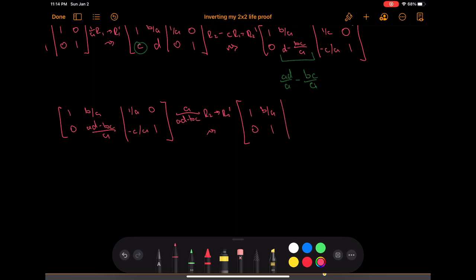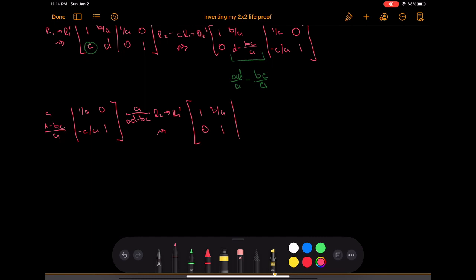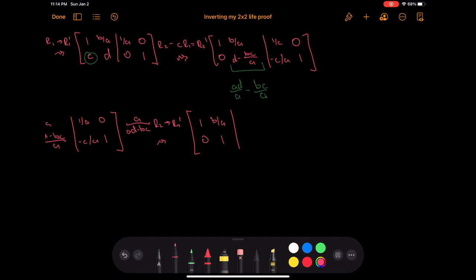On the right side, we only messed around with the second row, so the first one remains untouched: 1 over A, 0. And then here, because it's negative C over A multiplied by A over AD minus BC, the A's cancel out. So we're just left with negative C over AD minus BC. And then on the right, we have A over AD minus BC.